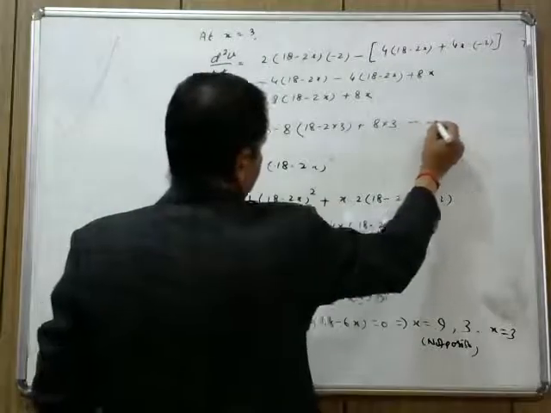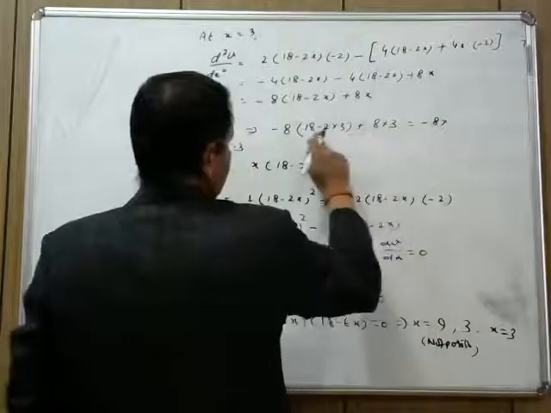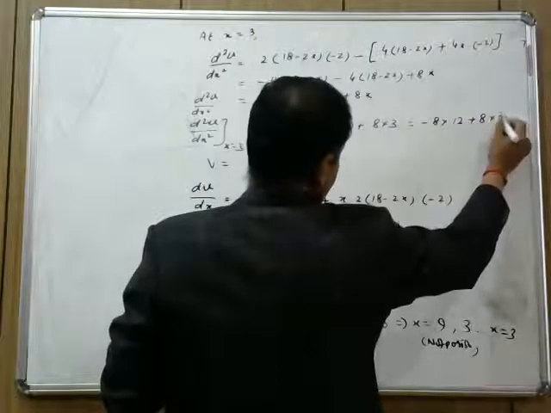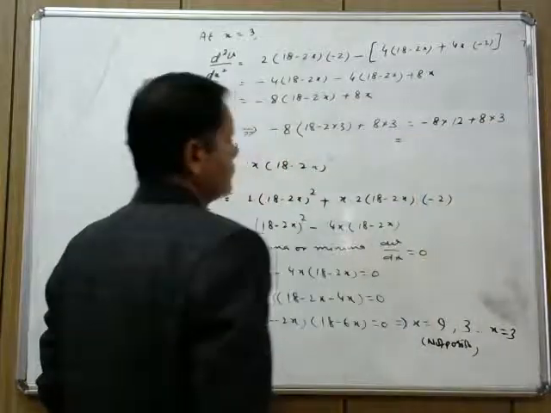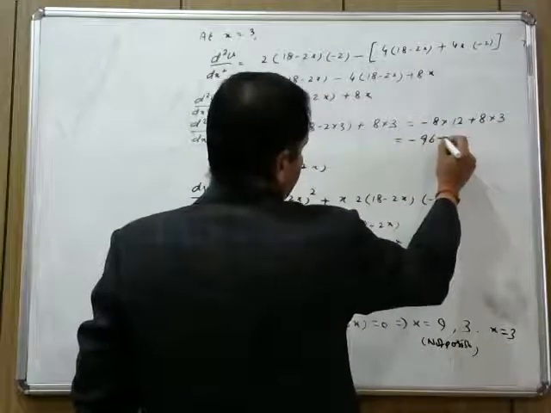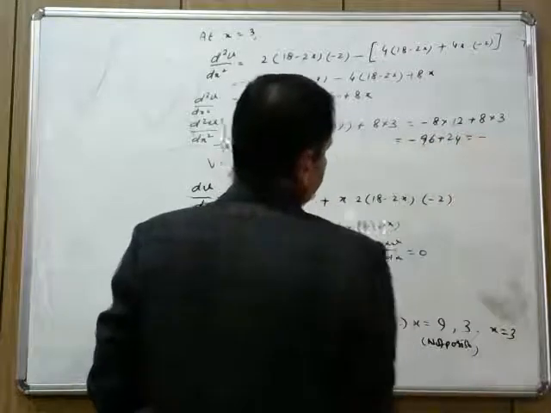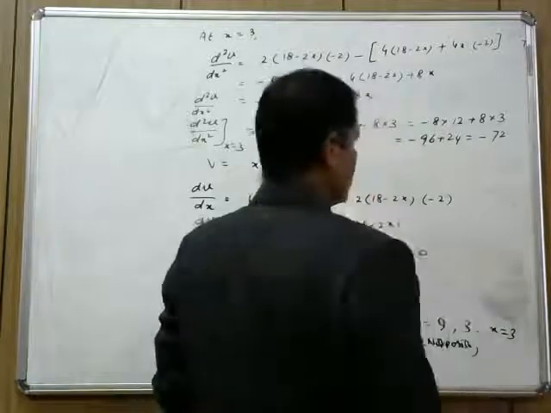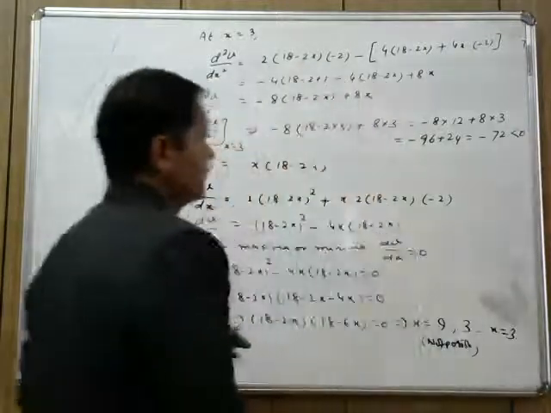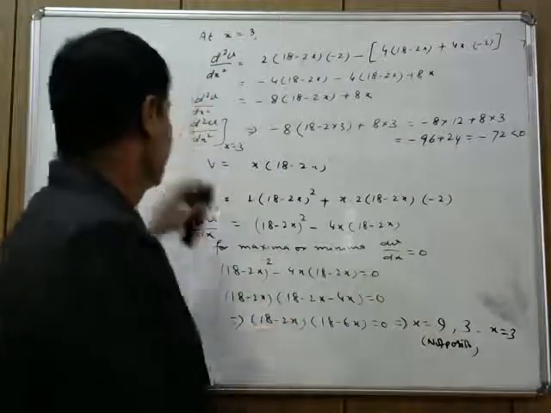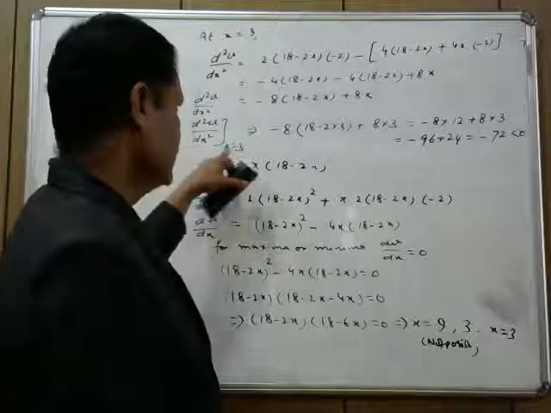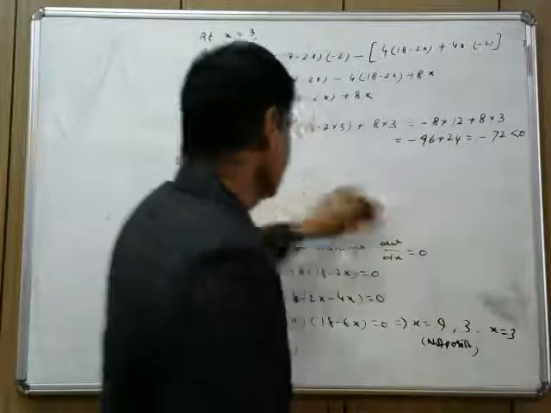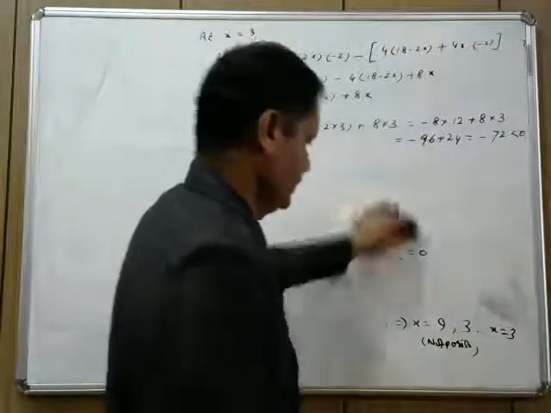That is equal to minus 8 into (18 minus 6, that is 12) plus 8 into 3, minus 96 plus 24 is equal to minus 72, which is less than 0, right. Now, d square v by dx square at x equal to 3 is coming negative. It means it has maximum value at x is equal to 3.